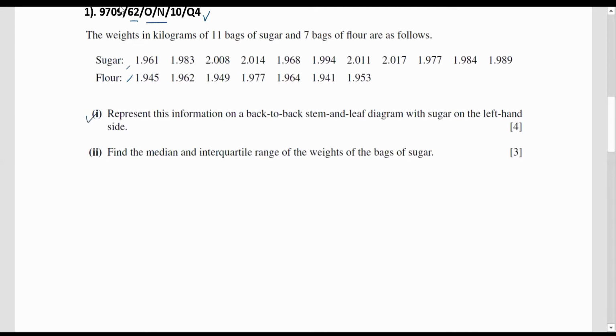All right. In order to form the back-to-back stem and leaf diagram, what must we do? First, we try to choose suitable intervals. What do we see from the data here? They are 4-digit numbers, right?